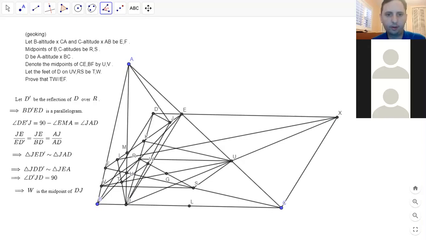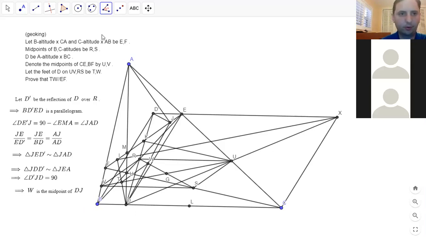It's probably a similar angle chase, I'm guessing. How did we do it before? So basically we want to show that XBD, let's think about this. Do we want to show that IDB is similar to IXA?